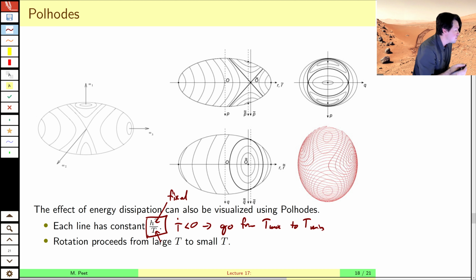So for example, this line is T max, and this line is T min. And so as T decreases, we're going to evolve from this line to this line to this line to this line, which is the intermediate axis. So that's the kinetic energy of the intermediate axis, to this line, to this line, to this line, over to rotation about the major axis.